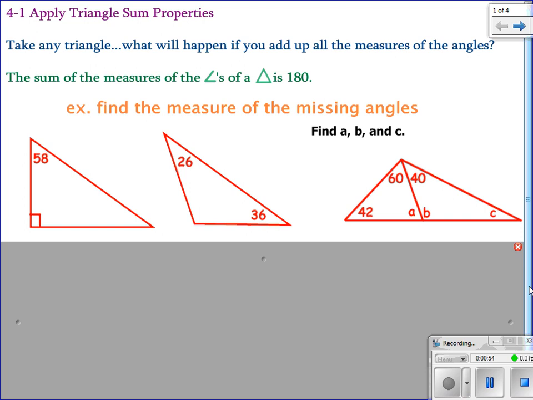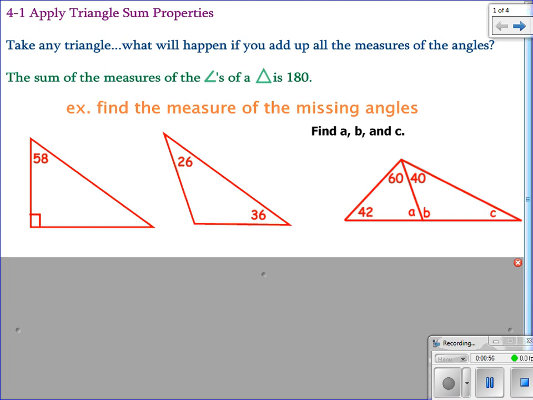So essentially, what would the algebra be that we would set up for this one to find the missing angle? 90. Okay, when you combine like terms, subtract, what do we get for that missing angle right here? 32°.